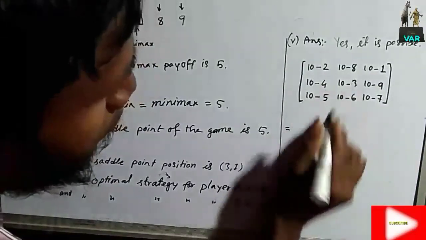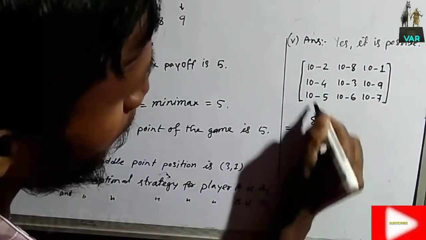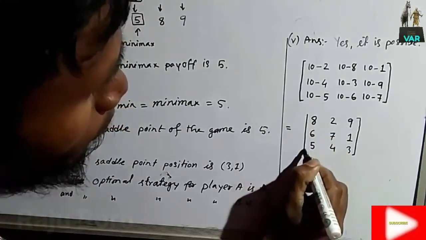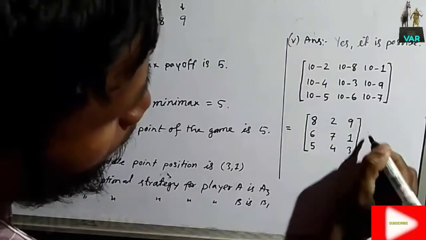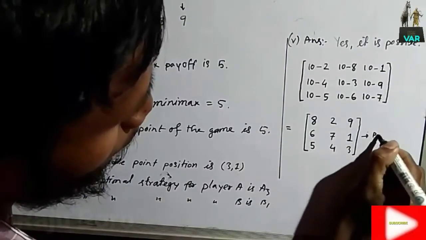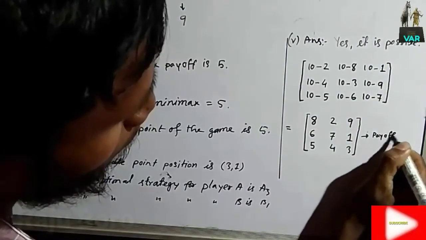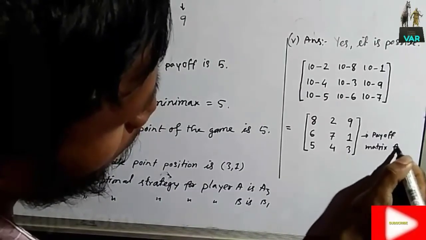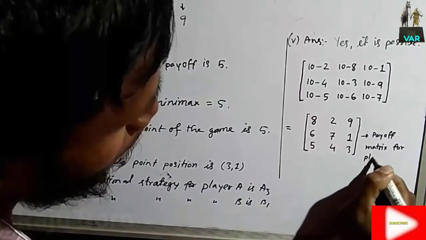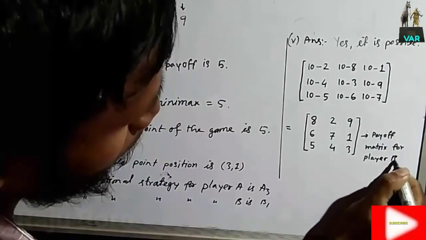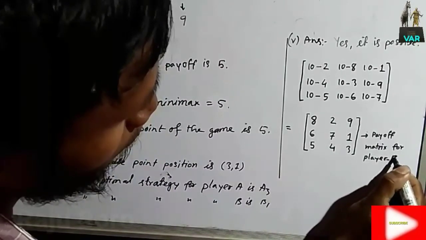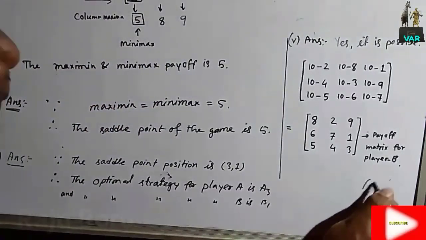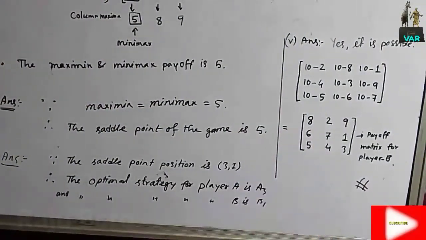Now see, 10 minus 2 is 8, 10 minus 4 is 6, and so on. This is the payoff matrix for player B, and we have solved all the questions.